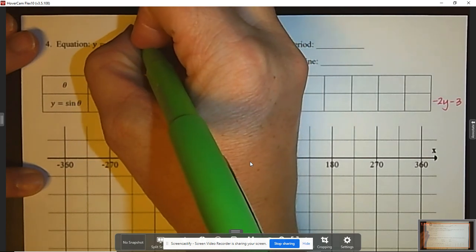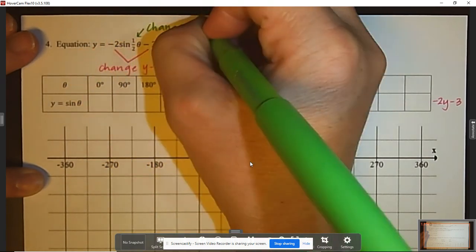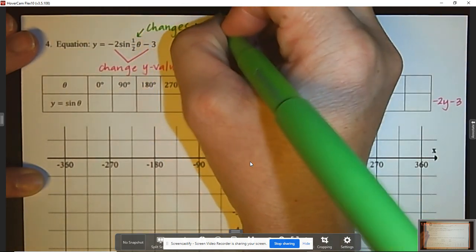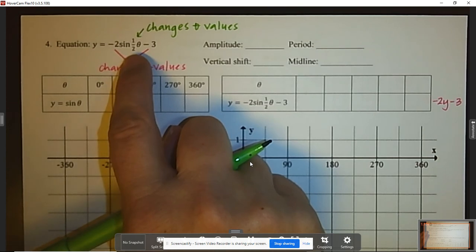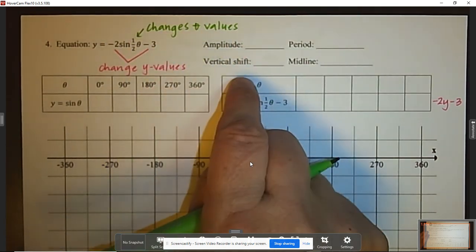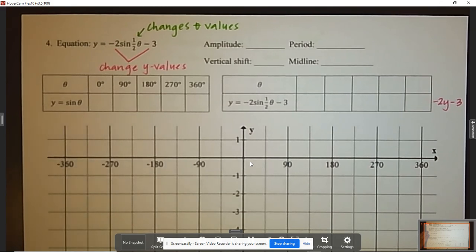My 1/2 theta, that changes my theta values. And remember, you do the opposite. This says multiply by 1/2, so we would divide by 1/2. Now, the tricky part is dividing by 1/2. Dividing by a fraction is ugly.